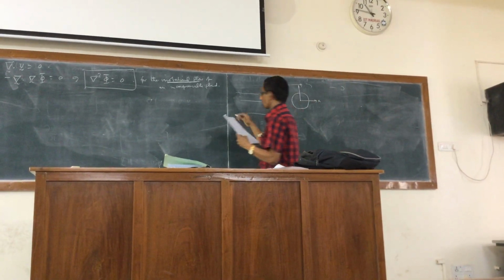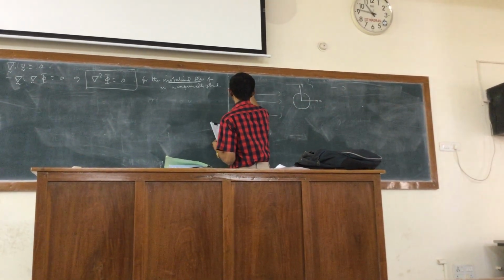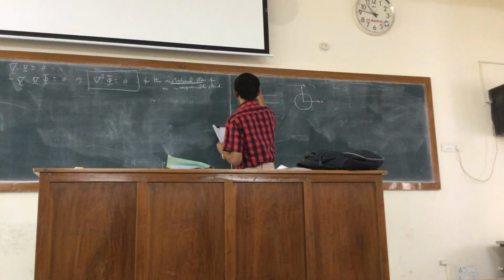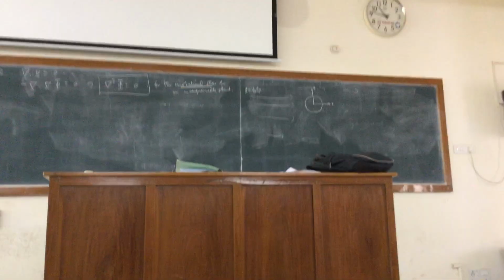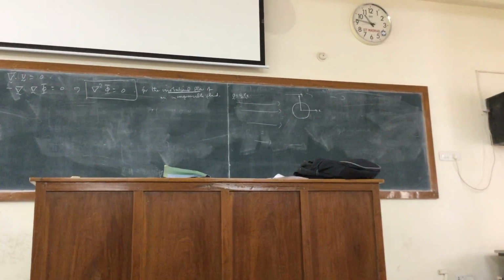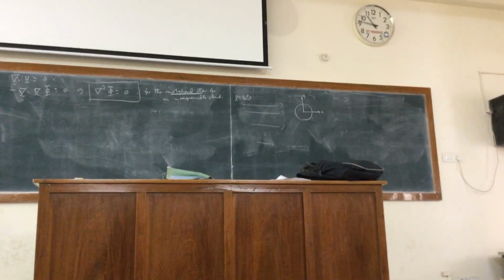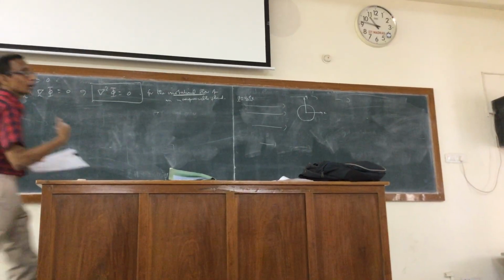The free stream velocity, far from the cylinder, is given by v infinity times e_x. That means far from the effect of the cylinder, the velocity is flowing uniformly in the x direction alone.